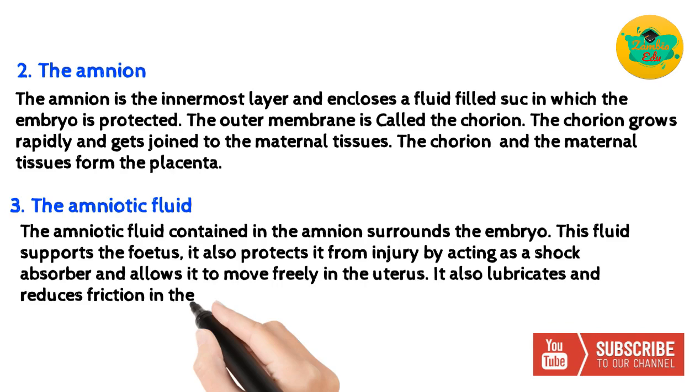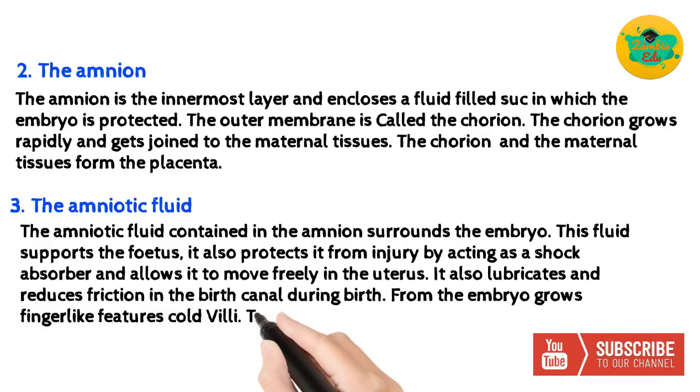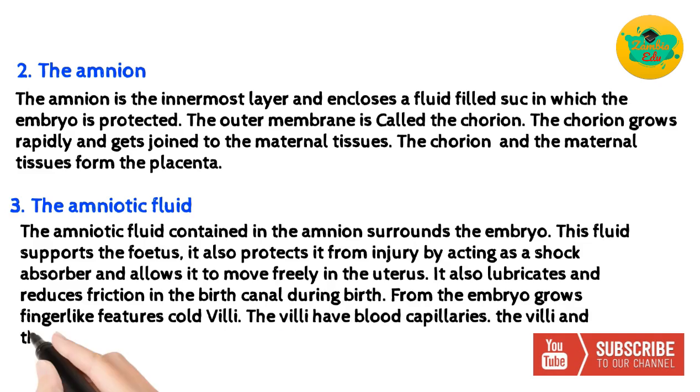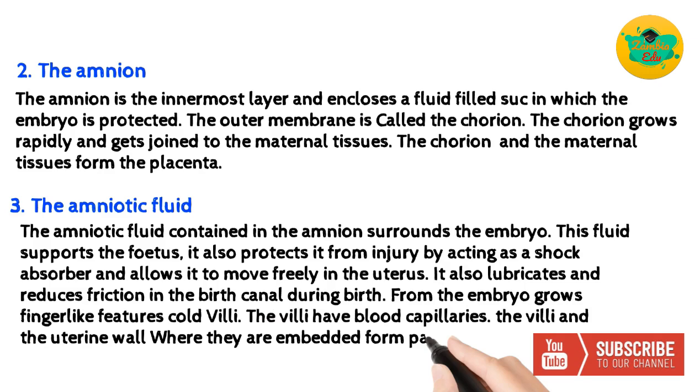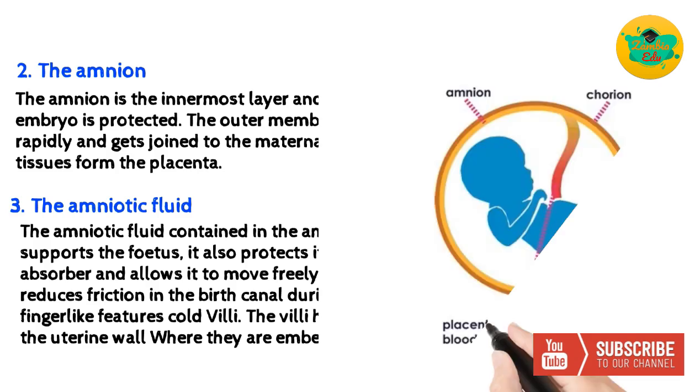It also lubricates and reduces friction in the birth canal during birth. From the embryo grow finger-like features called villi. The villi have blood capillaries. The villi and the uterine wall, where they are embedded, form a part of the placenta.